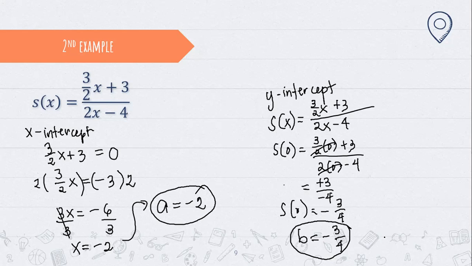Kasi pag nasa baba, medyo off lang siya tignan. Usually, nasa taas siya yung negative or nasa gitna ng fraction bar. Okay po? So, for our function s of x is equal to 3 over 2x plus 3 over 2x minus 4, the x-intercept is negative 2 and the y-intercept is negative 3/4.